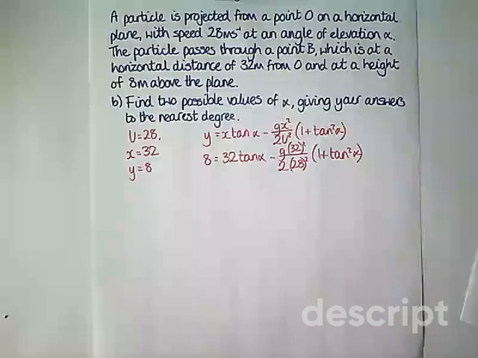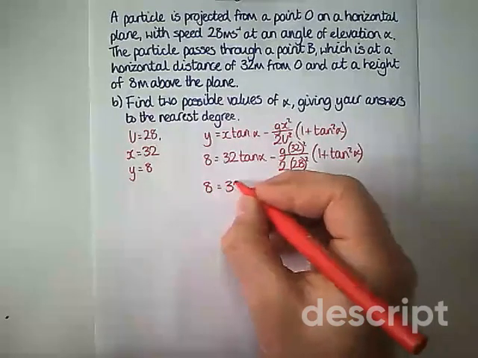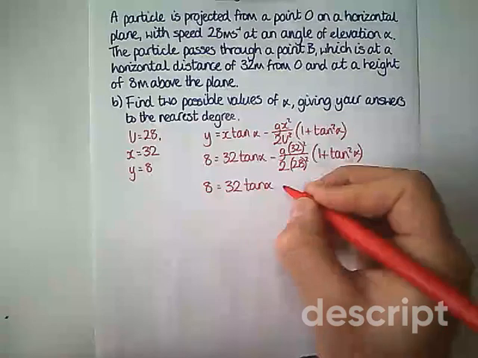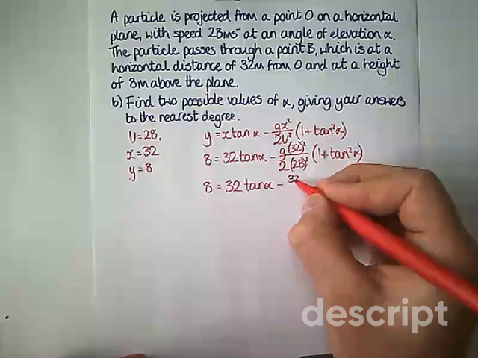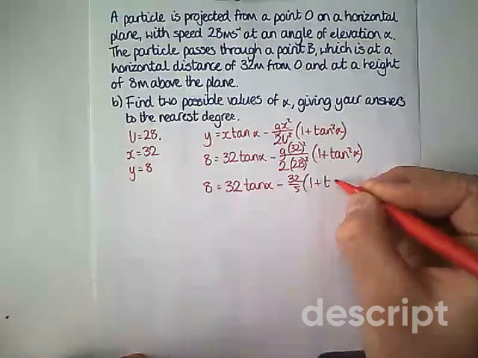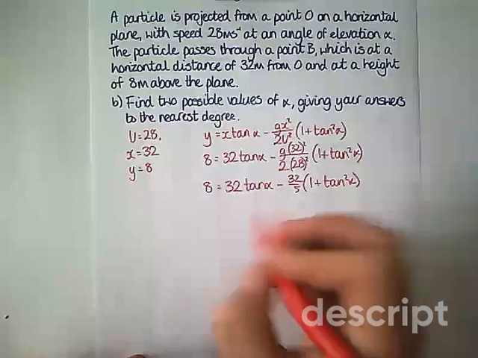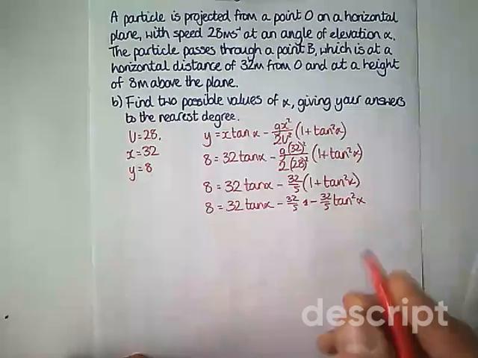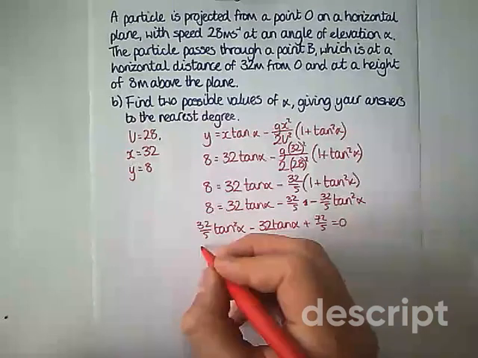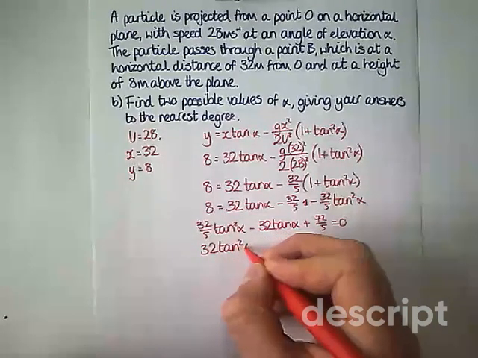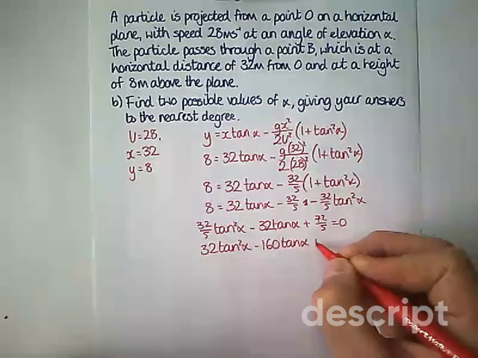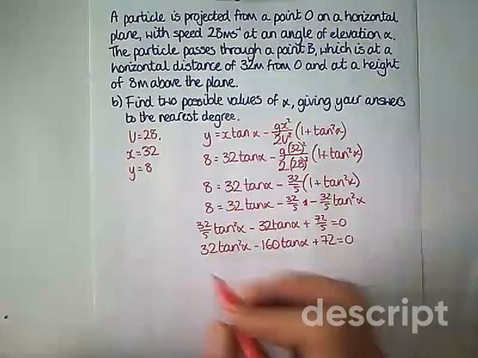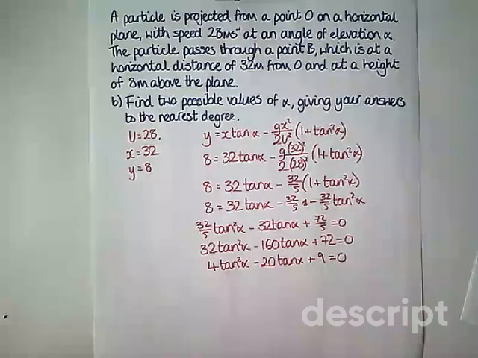Let's work out what this gives us. 8 equals 32 tan alpha minus 32 over 5, 1 plus tan squared alpha. Okay, so let's expand that, and then we'll get everything on one side. Times everything by 5, we get 32 tan squared alpha minus 160 tan alpha plus 72, and then we can divide everything by 8, and then we can solve this by using the quadratic formula, or we can factorize.